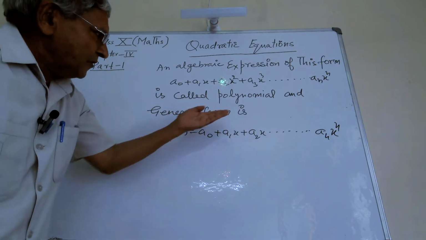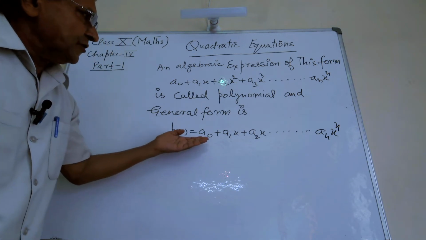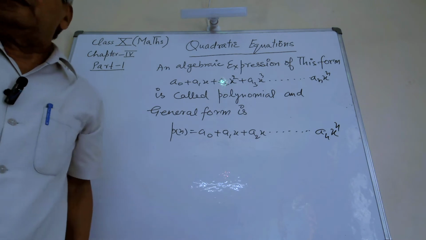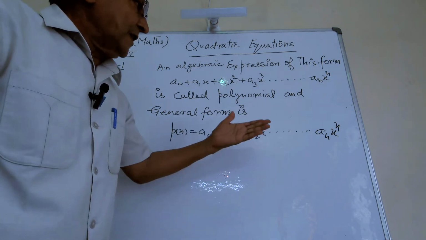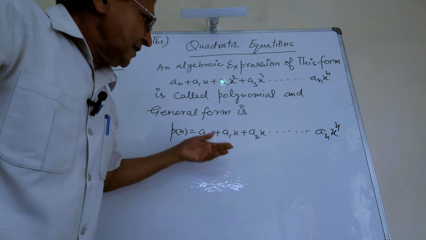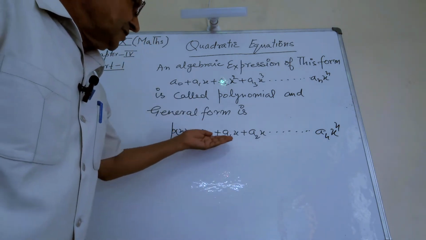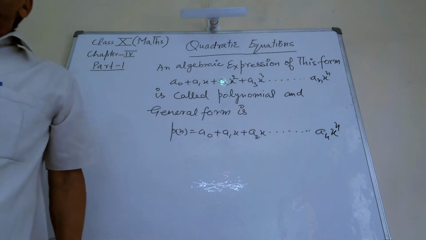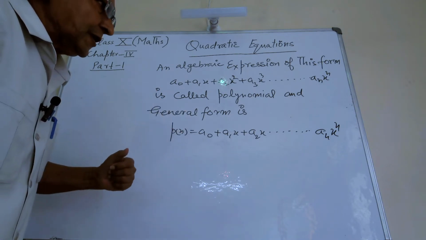And the general form of the polynomial is P(x) = a0 + a1x + a2x² + ... + anxⁿ, where a0, a1, a2 are the coefficients of this polynomial and x is the variable, and these are the terms of this polynomial, as I have defined already. So, this is the general form of the polynomial.